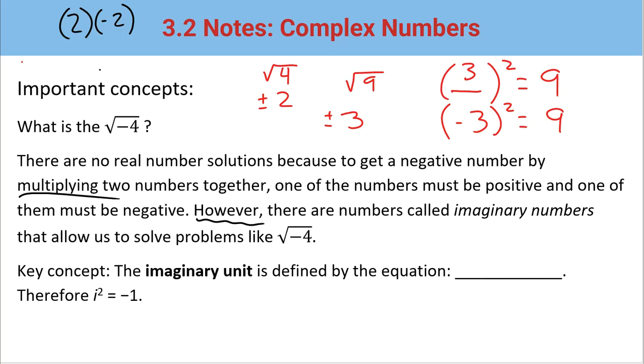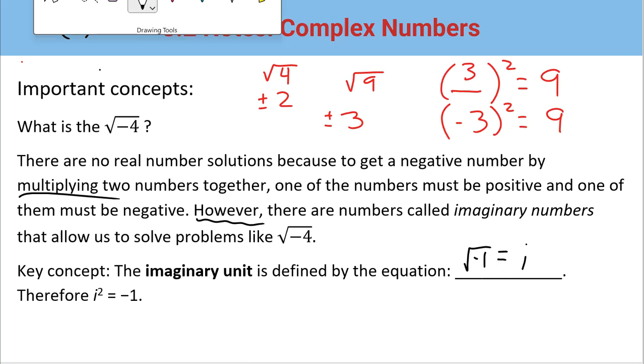The key concept here is the imaginary unit is defined by this equation: the square root of -1 is equal to i, which stands for the imaginary unit. Therefore i squared is equal to -1. What this allows me to do is divide out the negative from this square root.